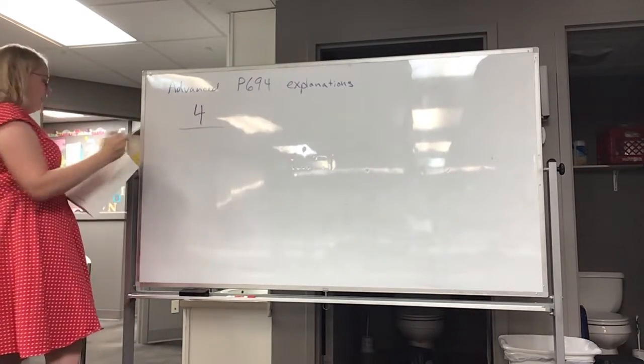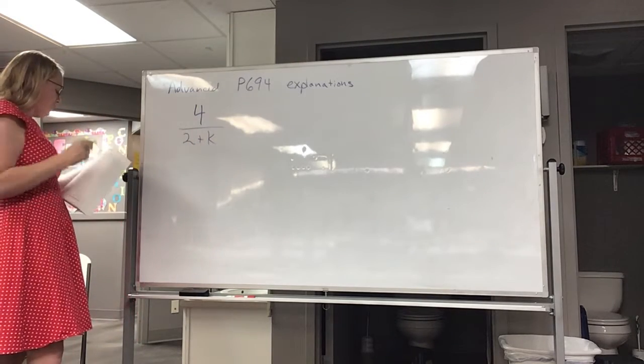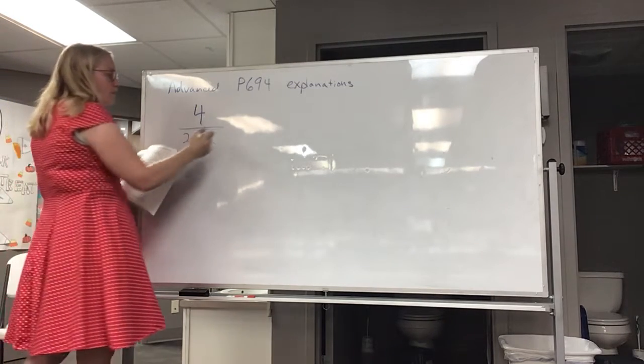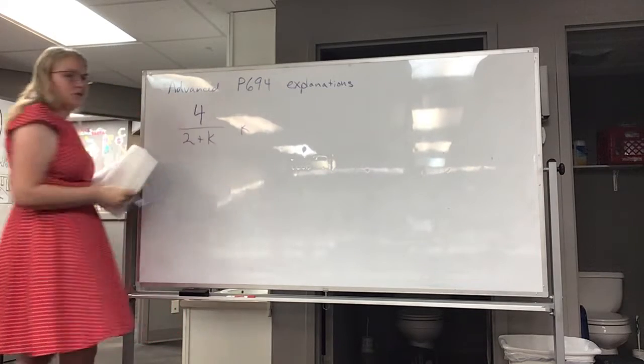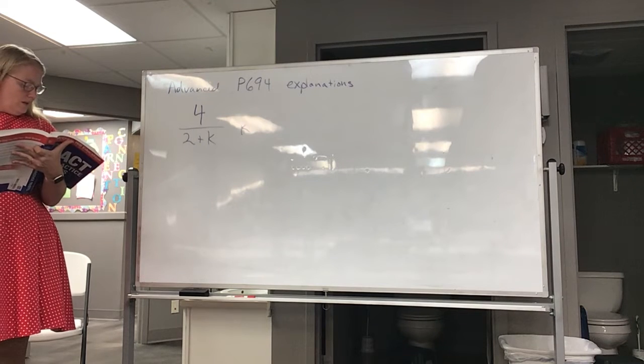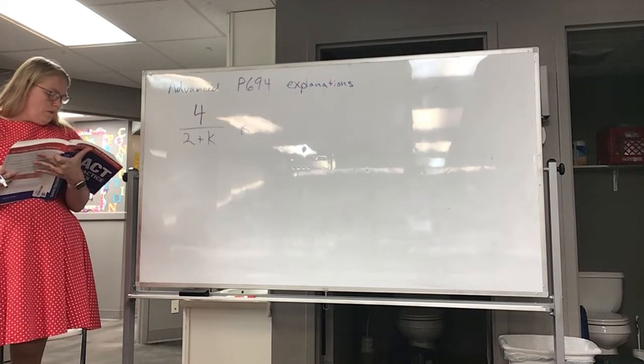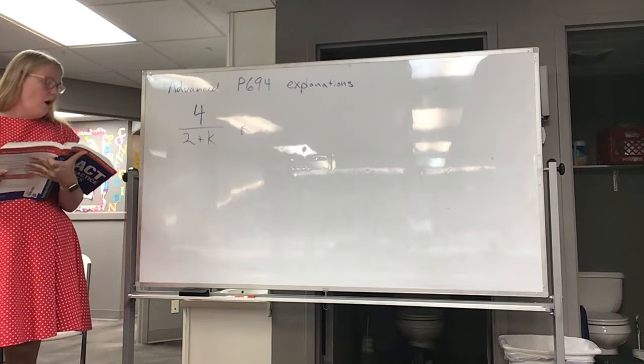our fraction and 2 plus k on the bottom of our fraction, and they tell us that k represents a positive integer, so basically the counting numbers, and the question is, as k gets larger without bound, find the value of r.